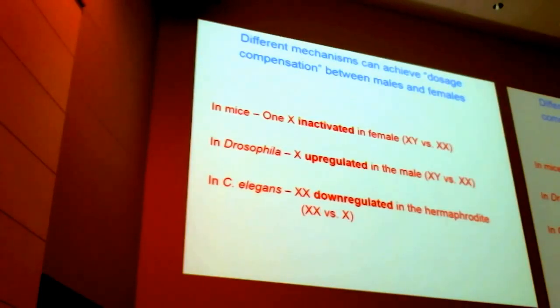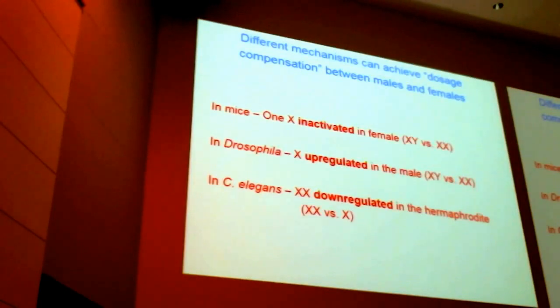For example, in mice, you have XY versus XX, just like in us. In flies, you also have XY and XX. In C. elegans, you have XX versus a single X. There's no Y chromosome. And in some other organisms, like birds, you have even more different things. But in all cases, there's an equalization mechanism that exists.